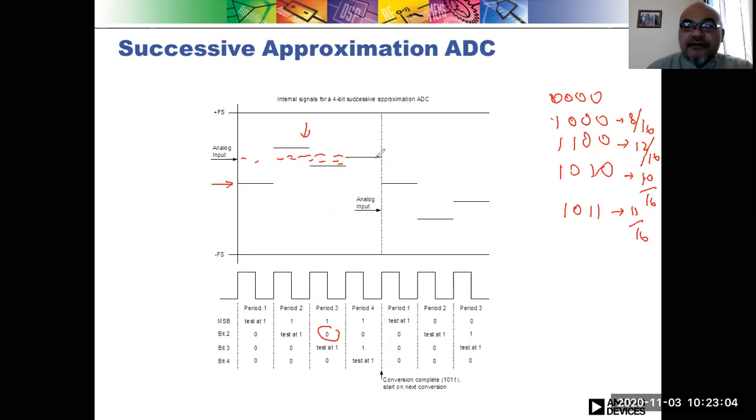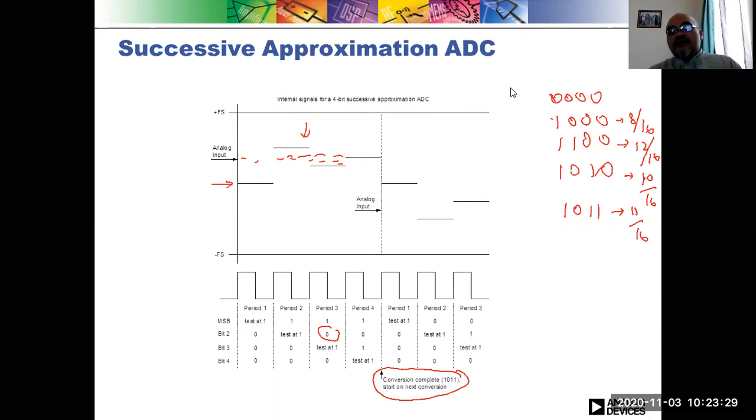So this becomes the conversion value of that analog input. The conversion is considered complete: 1 0 1 1. Then it starts a new conversion for the next analog input. Starting here, this is how successive approximation works.